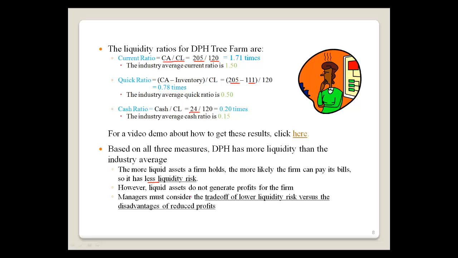So managers need to consider the trade-off between lower liquidity risk versus the disadvantage of reduced profit. So if your liquidity ratio is high, it's good that you have lower liquidity risk, but then you may have the disadvantage of reduced profit since you have too much cash and you're not investing enough into the assets that can generate profit or returns for you. So this is the trade-off that we need to be aware of.